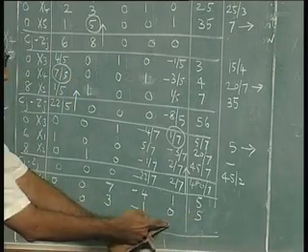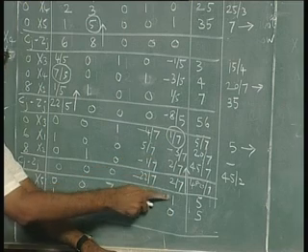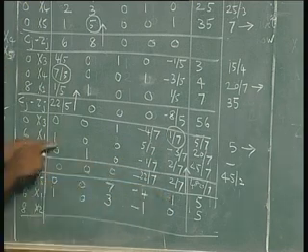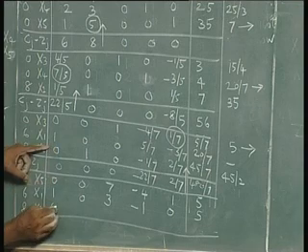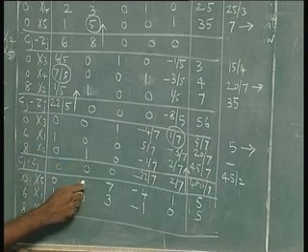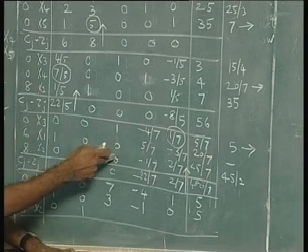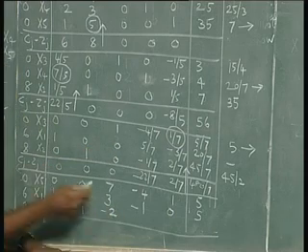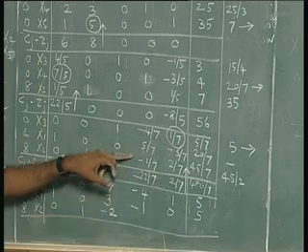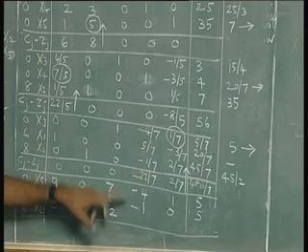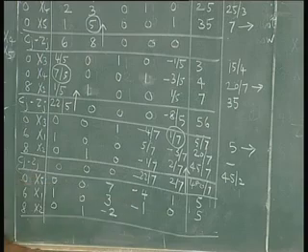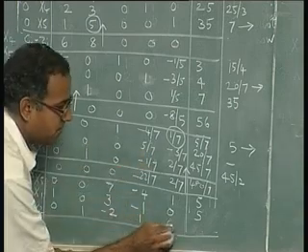and here I need a 0, so this minus 2 by 7 times this will give me a 0. So I have 0 minus 2 by 7 into 0 is 0, 1 minus 2 by 7 into 0 is 1, 0 minus 2 by 7 into 7 is minus 2, minus 1 by 7 minus 2 by 7 into 4 is minus 1 by 7 plus 8 by 7 which is 1, this is 0.